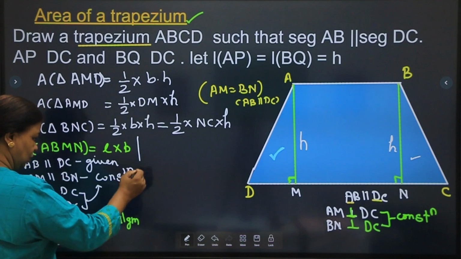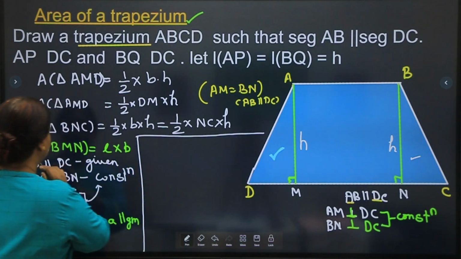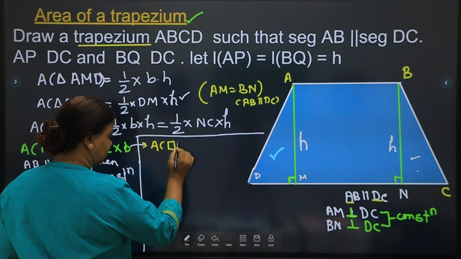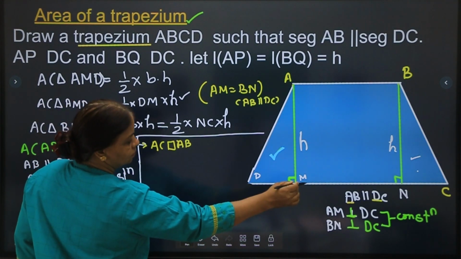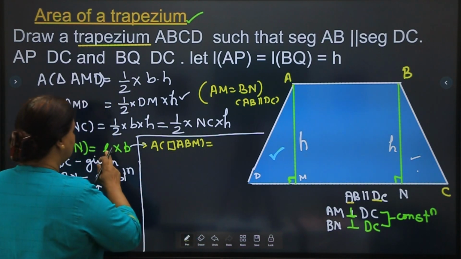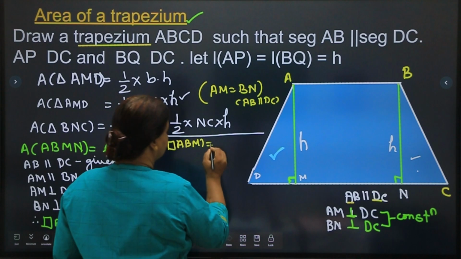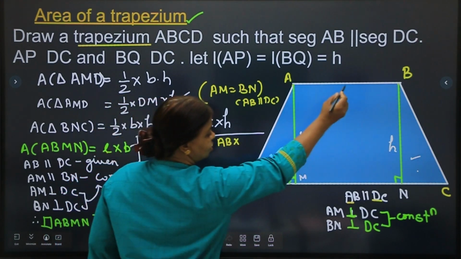Okay, so now what I will do, I'll find out the area of quadrilateral ABMN. Area of ABMN is equal to length times breadth. ABMN length is how much? AB, and breadth is how much?